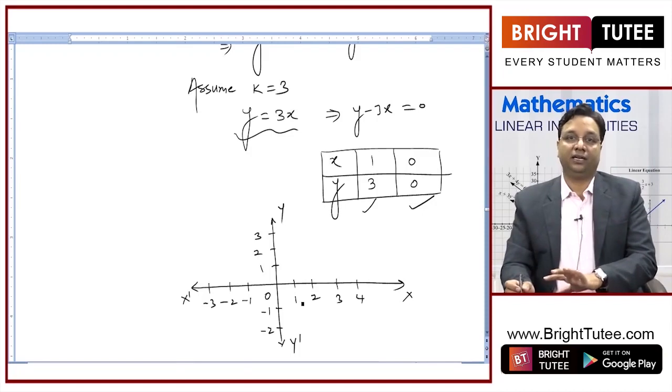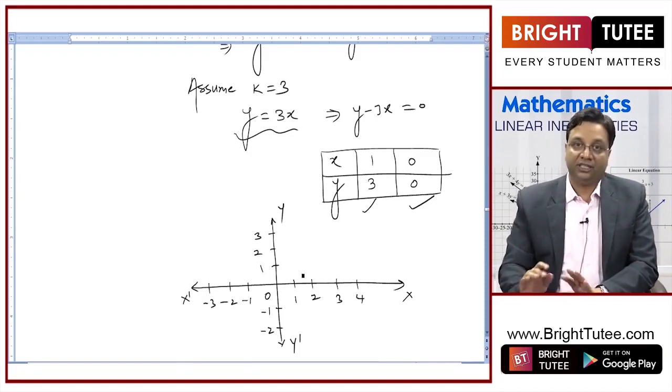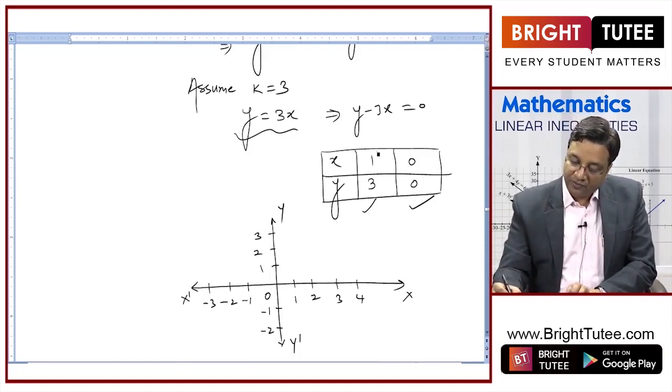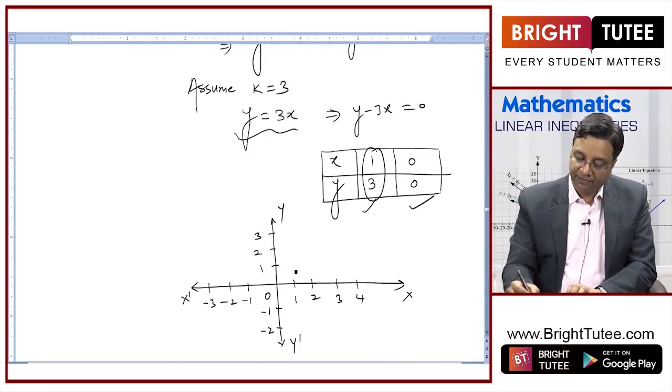Okay, this is a rough diagram for representational purpose only. So first point is (1, 3). Abscissa is 1, ordinate is 3. So abscissa 1 means I need to draw this line here parallel to y-axis, and ordinate 3, for this I need to draw line parallel to x-axis passing through 3. So this is the point (1, 3).